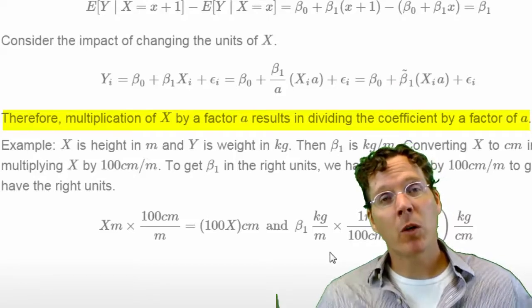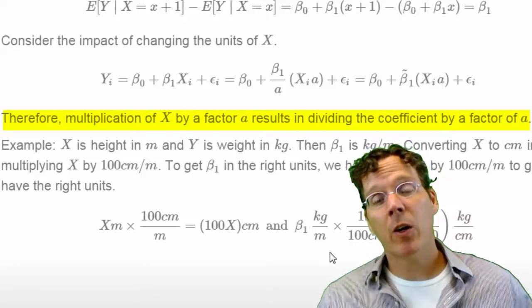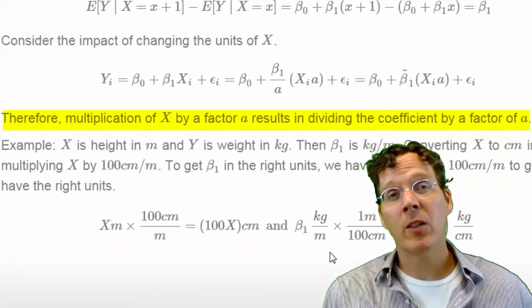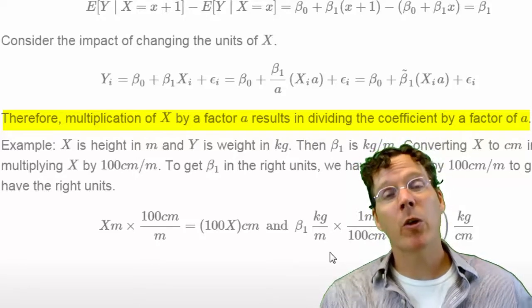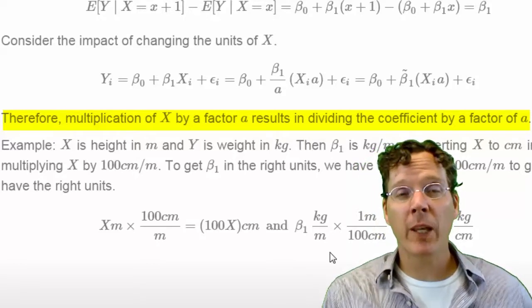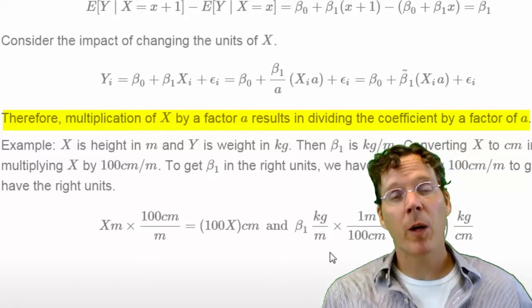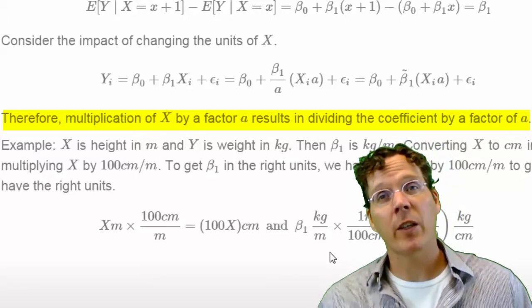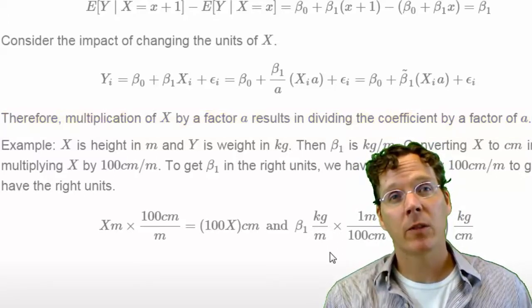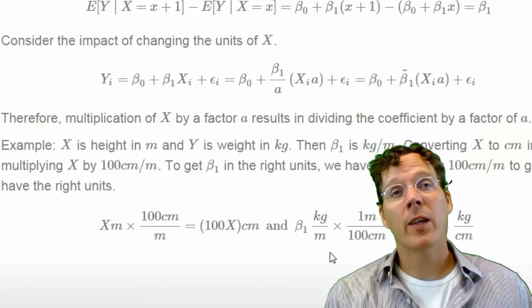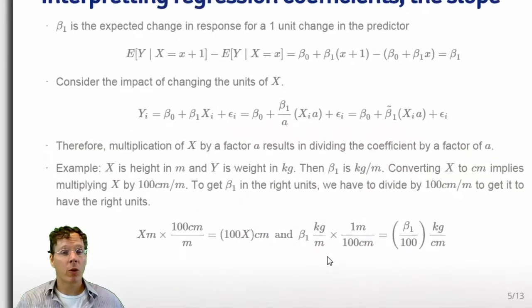So we've multiplied x by a, and our regression slope has now been divided by a. So in other words, multiplication of a regression variable by a factor a results in dividing the coefficient by a factor of a.